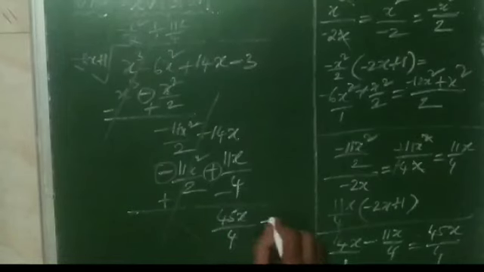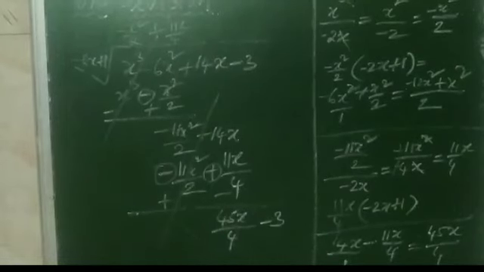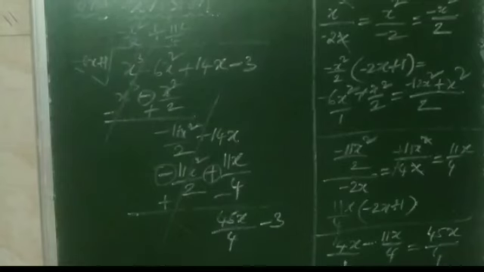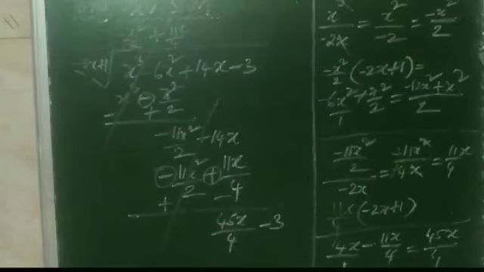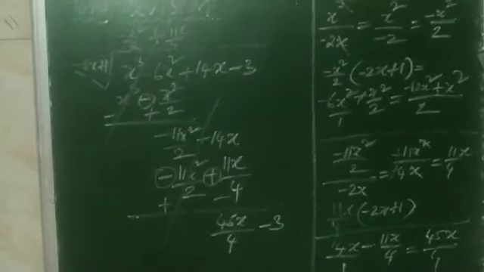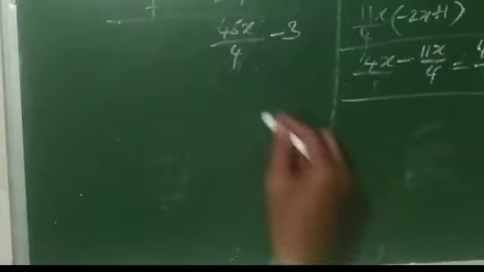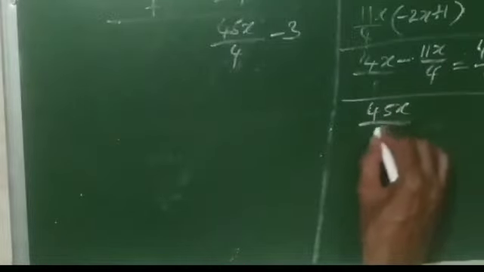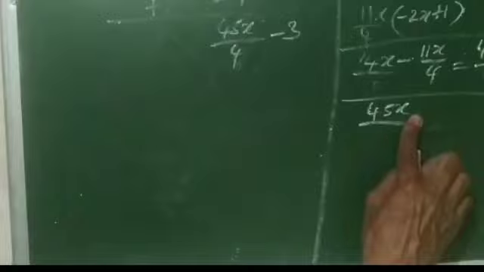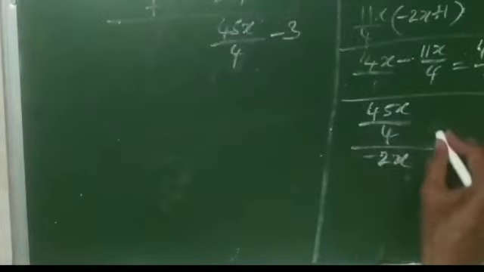Now bring down minus 3. So what is the next step? Next division, multiplication, or subtraction. We have to repeat these 3 steps in long division. So 45x by 4 divided by minus 2x. 45x by 4 by minus 2x.